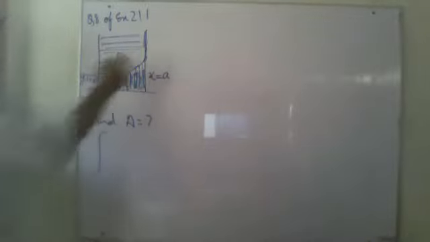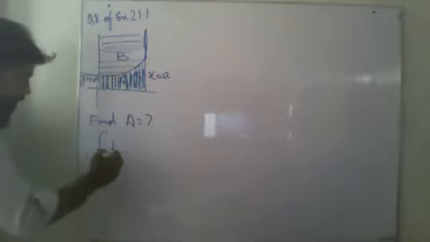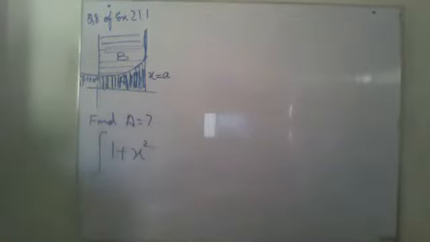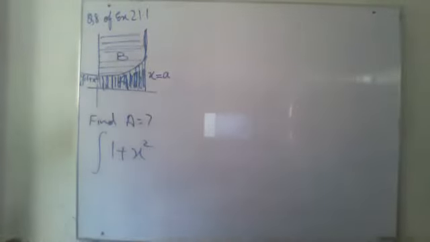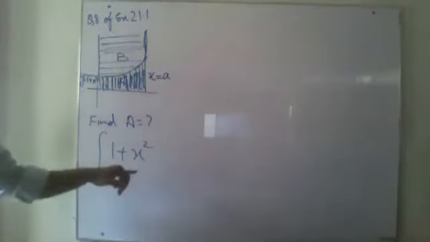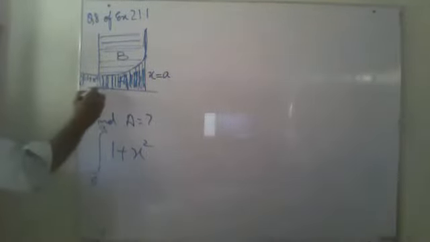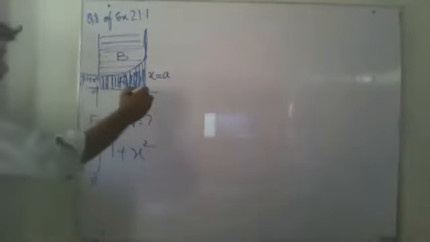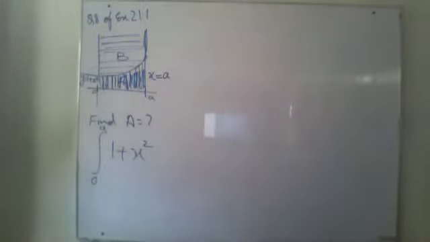This is the curve, and the equation of the curve is given as 1 plus x squared. It is under this one, so I am going to use 1 plus x squared, and I am going to integrate it from 0 to a, because this is the 0 point and this is the a point. A is between these two, right?